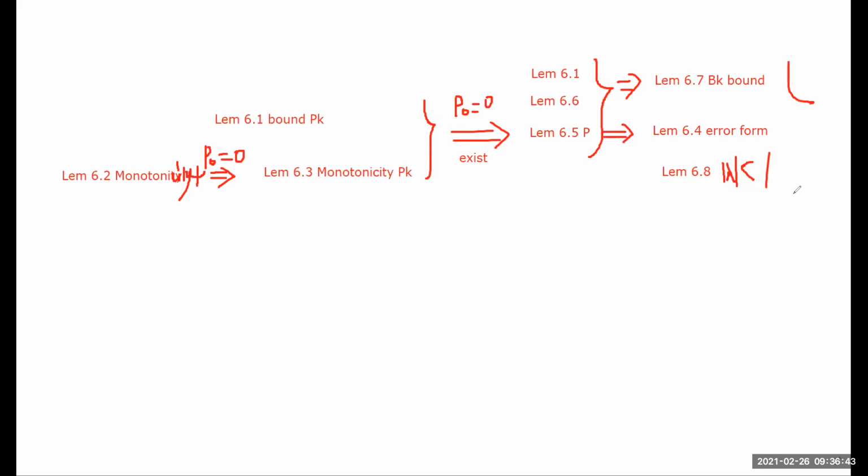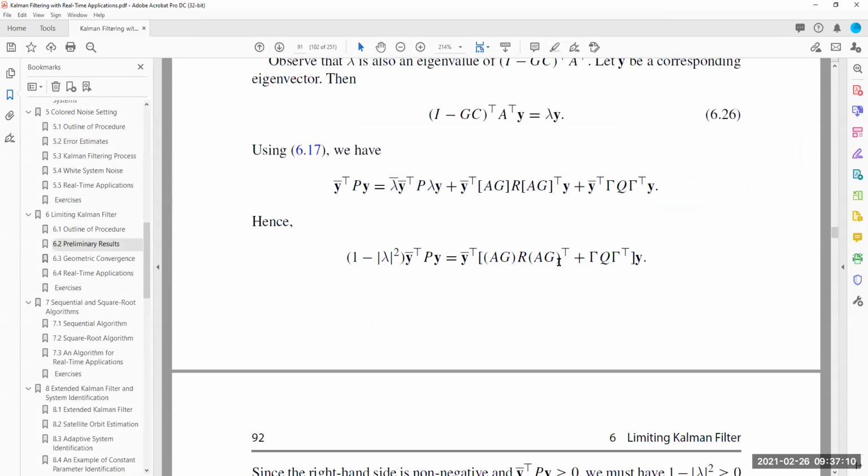So together with all this, you have in the error form one term is bounded, similar to the system being stable, then you show that PK converges to P for any initial condition P0. Yeah, that's basically about this section 6.2.